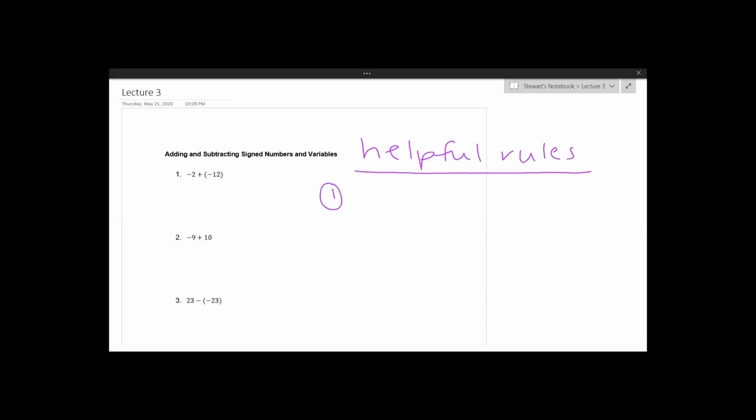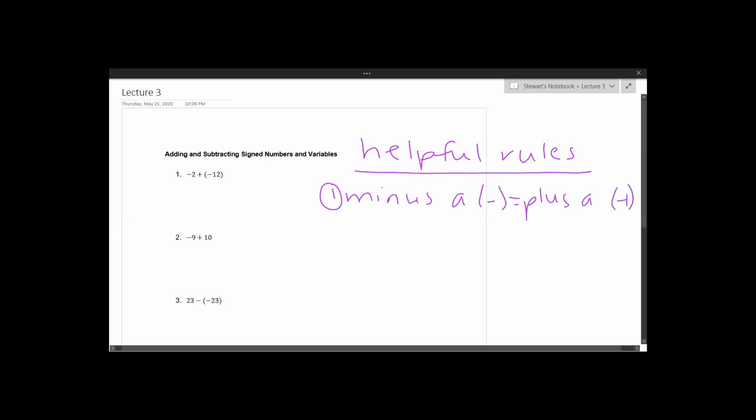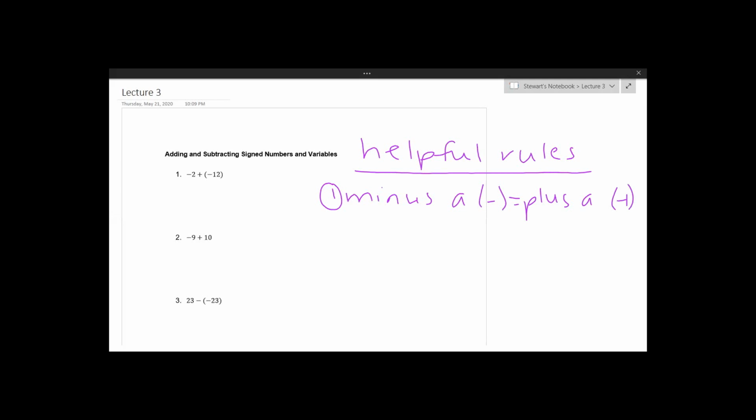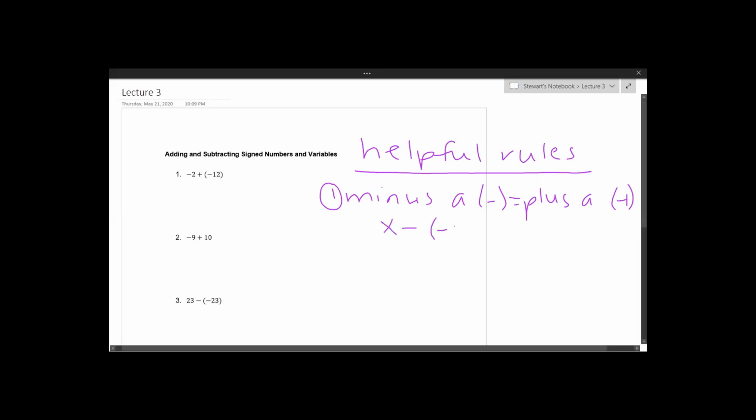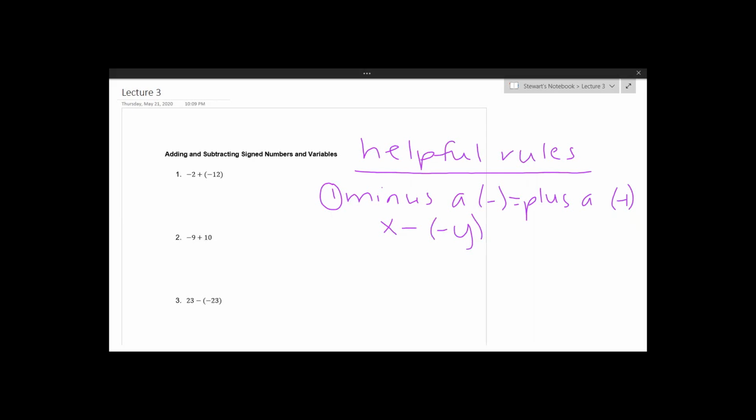One of those is minus a negative equals plus a positive. So in general, with variables, with any numbers, if you had x minus negative y, you're essentially multiplying a negative 1 to this negative here as well.